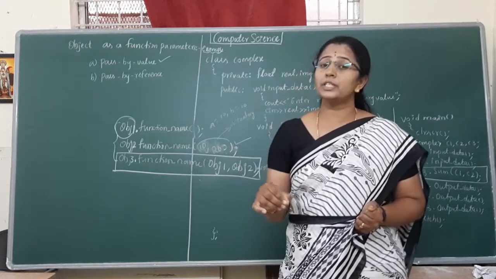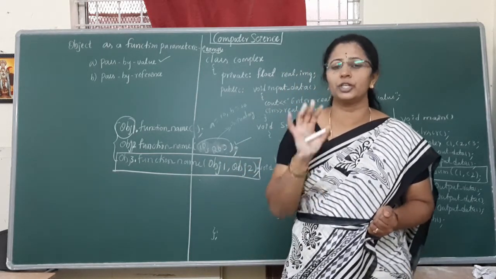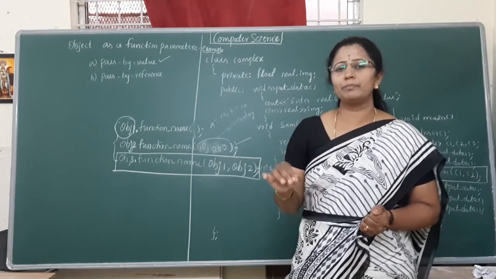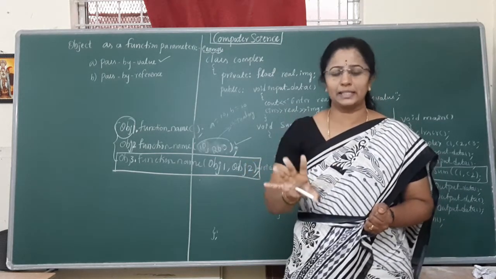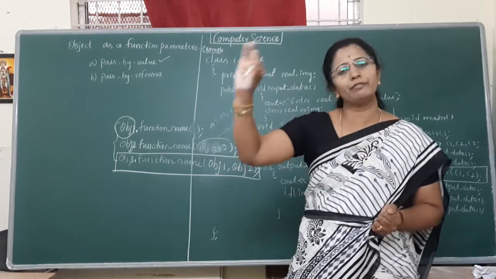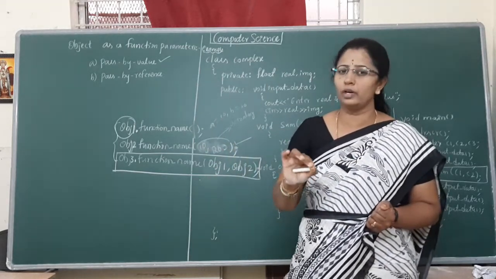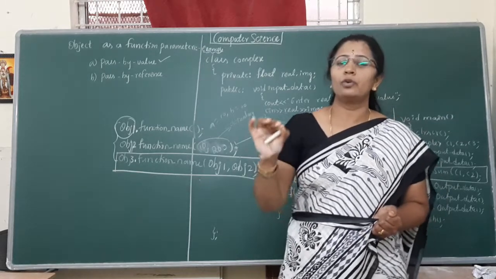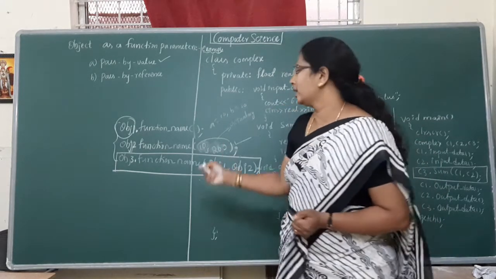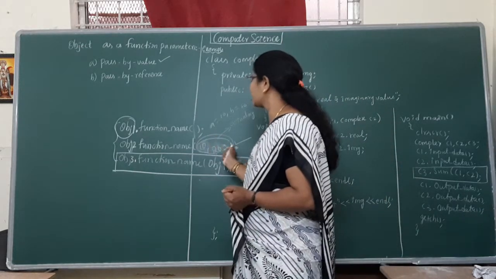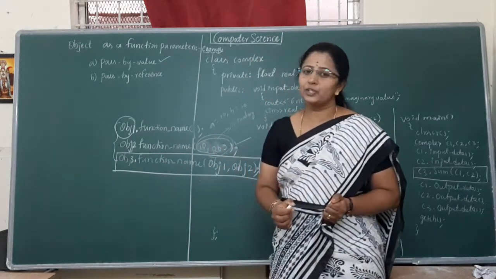Whatever operation gets performed in the function, once the function task is completed, control goes back from the called function to the calling function. At that time your formal parameter values get erased. Those values will not affect the actual arguments.